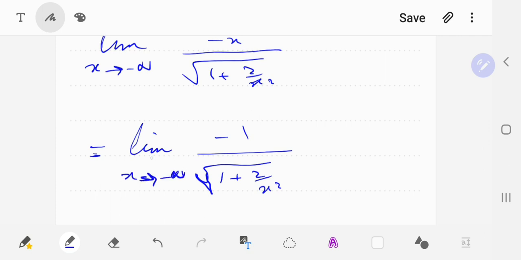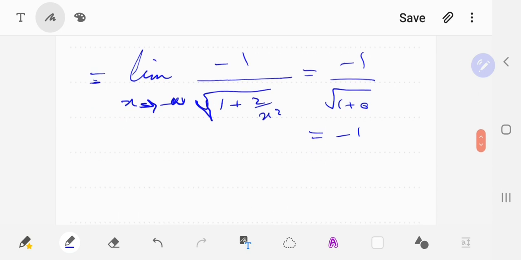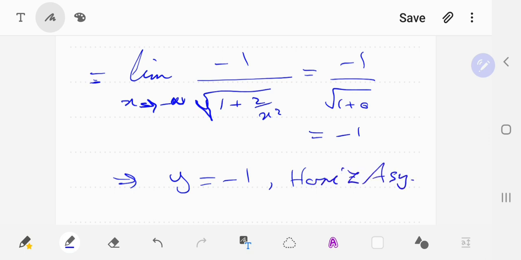Now if you evaluate the limit, you will get negative 1 over square root of 1 plus 0, so it's negative 1, which means we'll have another horizontal asymptote, so y equals 1 and y equals negative 1.